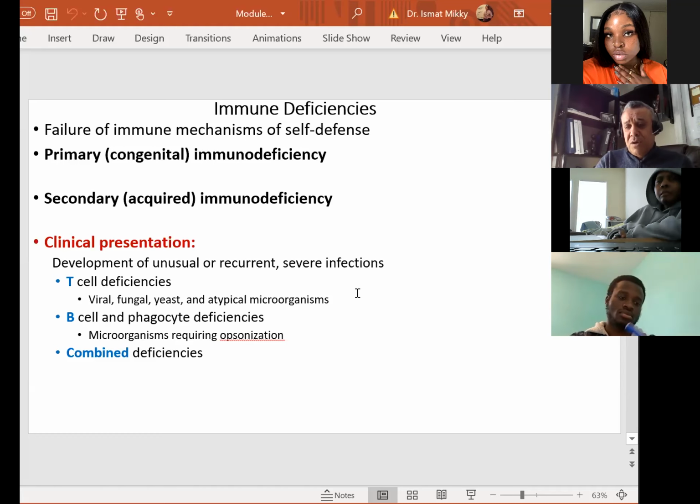When you send it for culture, first of all, you want to identify what type of organism is causing or is present, if there is any, in that blood, specimen, fluid, CSF or urine. Sometimes you have microorganism number one, number two, and you have one or more or none. So you want to see if the culture is positive or negative. It's positive, which means there is a microorganism and it has to be identified.